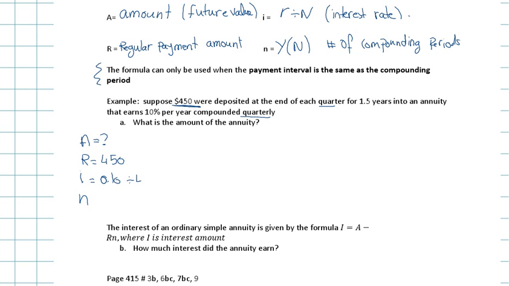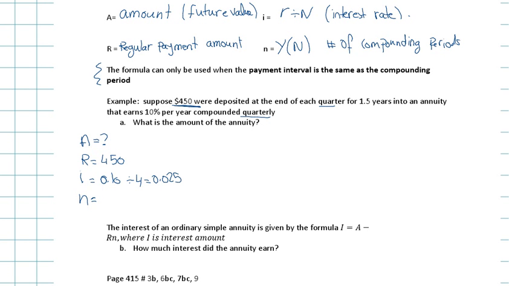So what is that? 0.025. So in this case, the interest rate you have to divide by the big N, the compounding period. Anytime that it's compounded other than annually, you have to divide by the compounding period.